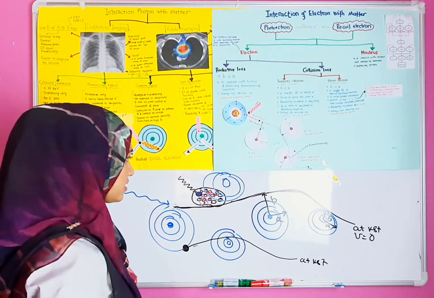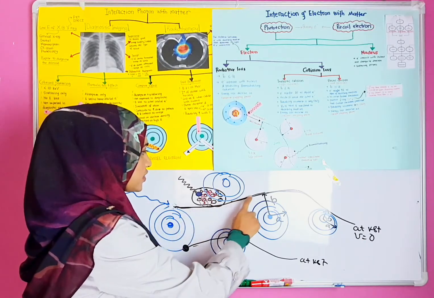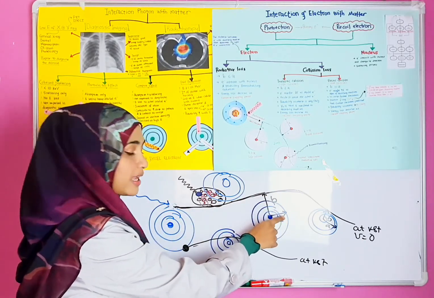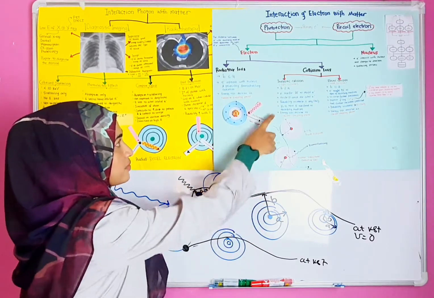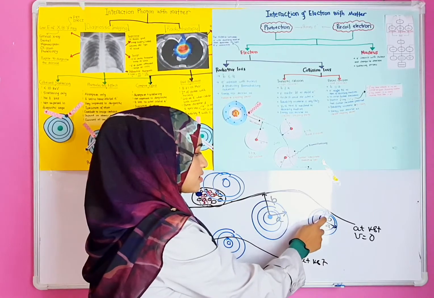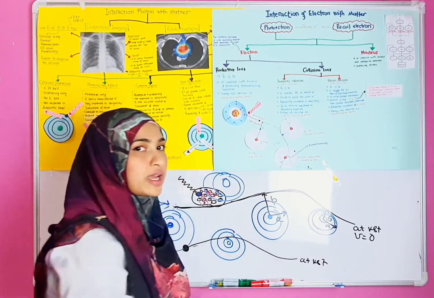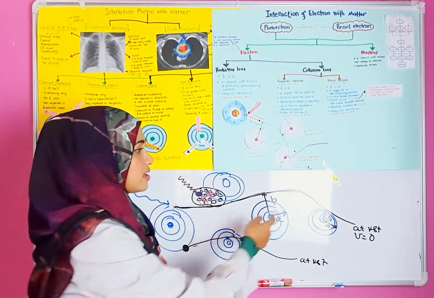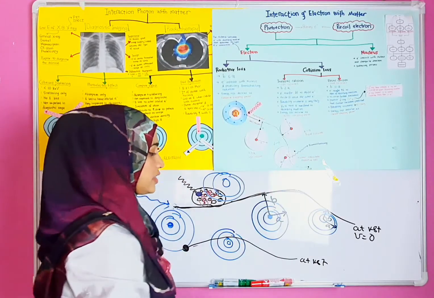Okay, I repeat it again. If the particle track is greater than A, then it will be a soft collision. If the particle track B is equal to the diameter of the atom A, then it will be a hard collision.